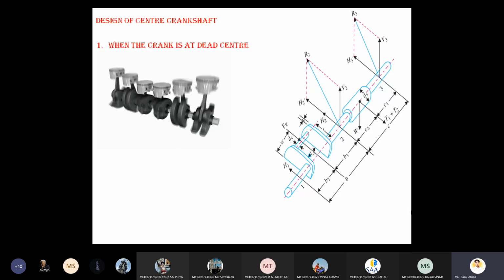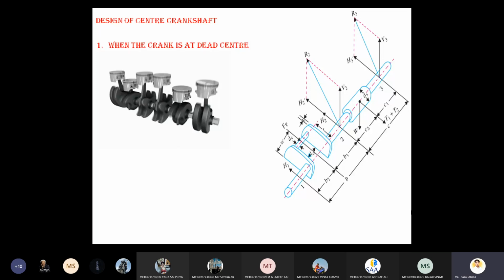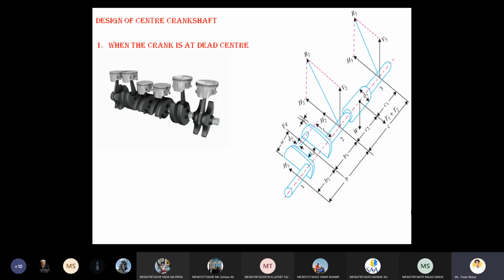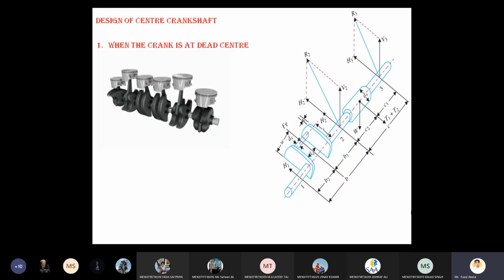These two are the conditions we take into account to design the center crankshaft. The first one is the crankshaft at the dead center. The second one is at the maximum twisting angle. In these two cases, we are going to derive some expressions. Now the first one.